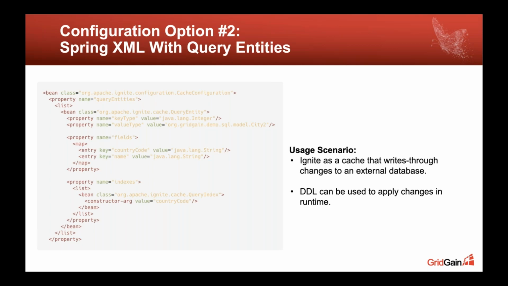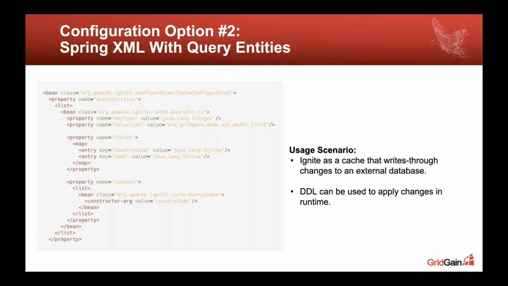And this method, I find it being used for use cases when Ignite is deployed as a write-through cache, also named a data grid, on top of your existing relational database. The reason is that if you deploy Ignite in such a configuration, you can use GridGain Web Console, which can connect to your relational database and turn the database schema into a cache configuration of Ignite with query entities.